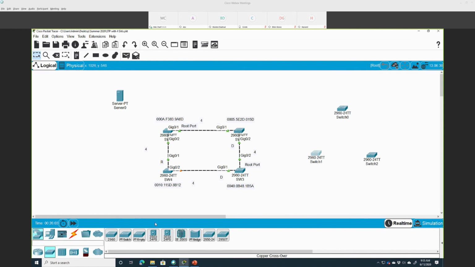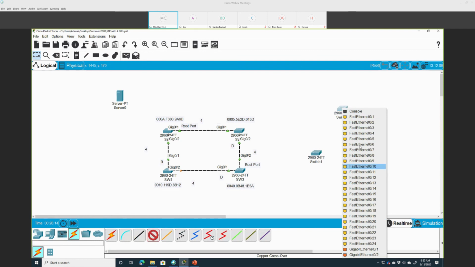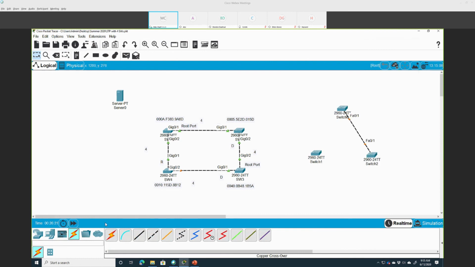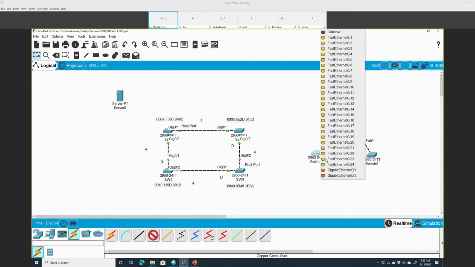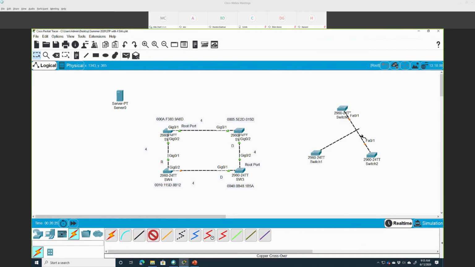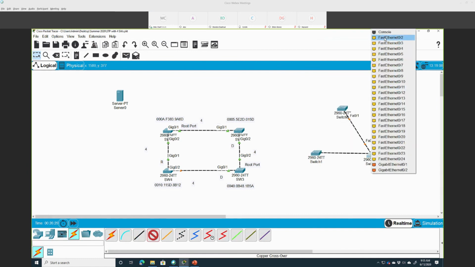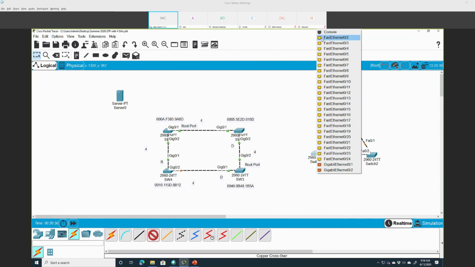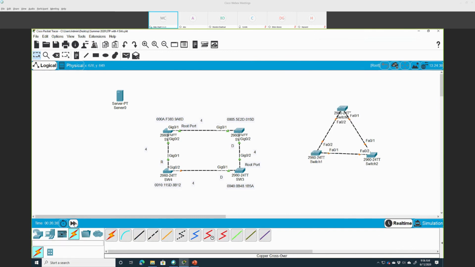First of all, I don't know at this point who's going to be the root bridge. It's very hard to tell unless I know the MAC address. So I connect this guy here. Let's connect him with Ethernet first to see. Now, let's advance it a little bit.